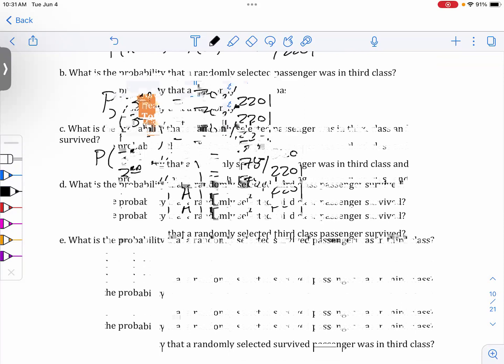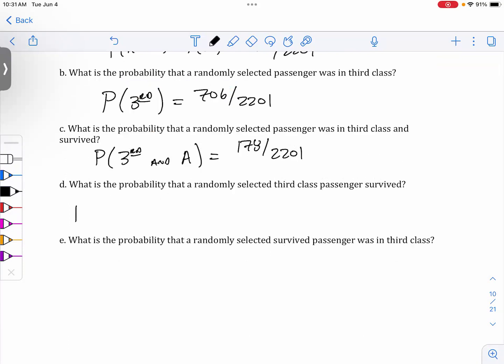What is the probability that a randomly selected 3rd class passenger survived? Okay, so now this is a conditional probability. It is a given. And this is where it starts to get interesting, because notice the difference in the questions here. Randomly selected passenger in part C, randomly selected third class passenger.